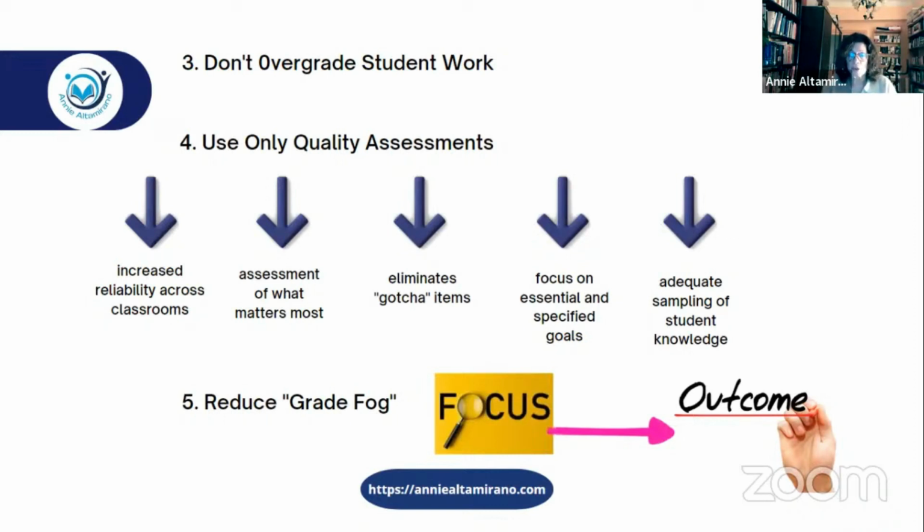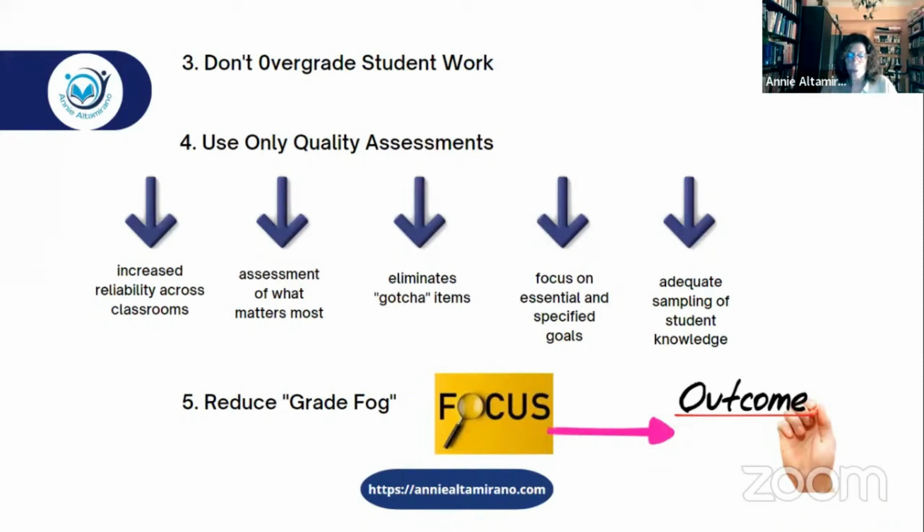Also, reduce grade fog. A grade should communicate as clearly as possible what a student knows, understands, and can do at a given point in time. Grade fog arises from anything that we do in the teaching, learning, assessment cycle that muddles the meaning or clarity of the grade.